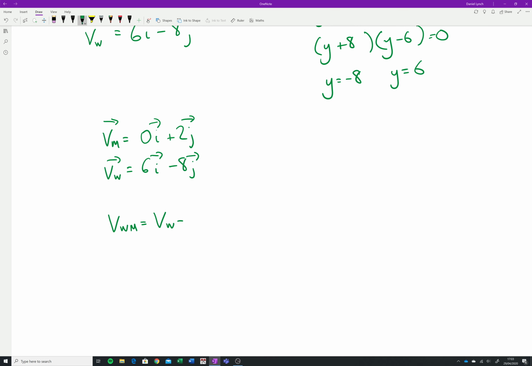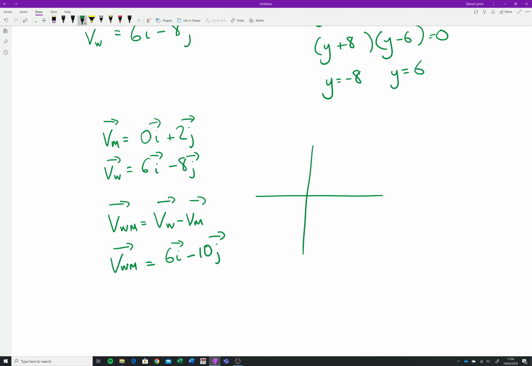So it's VW minus VM. Okay, so we start with our W and we take away the one on top. So it's going to be 6i minus 0i, and it's going to be minus 8j minus 2j, so that's minus 10j.